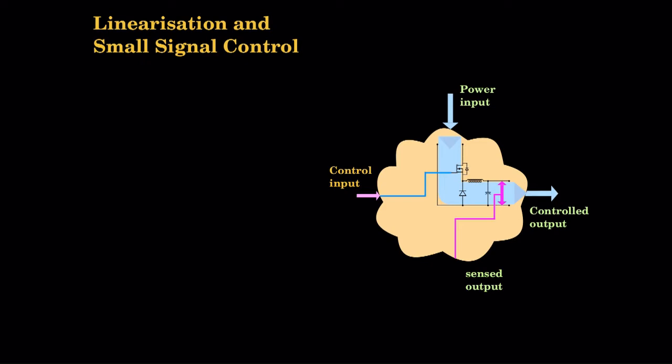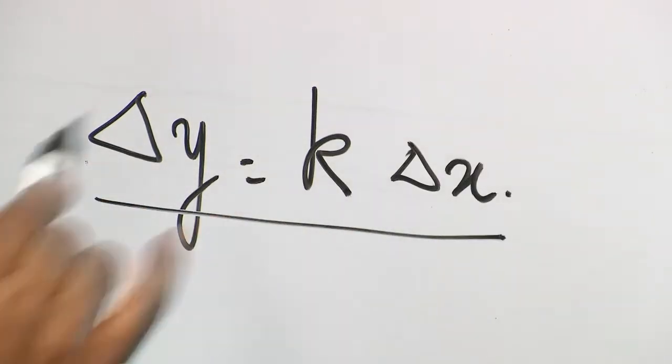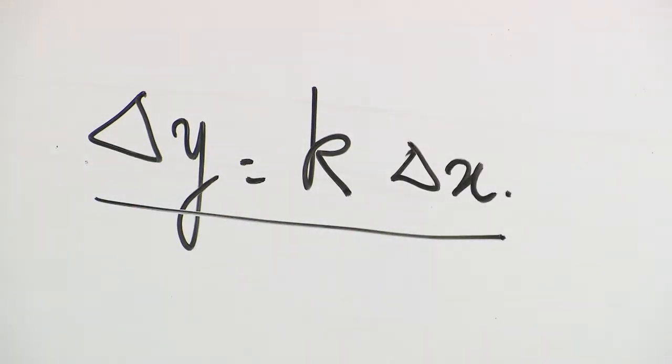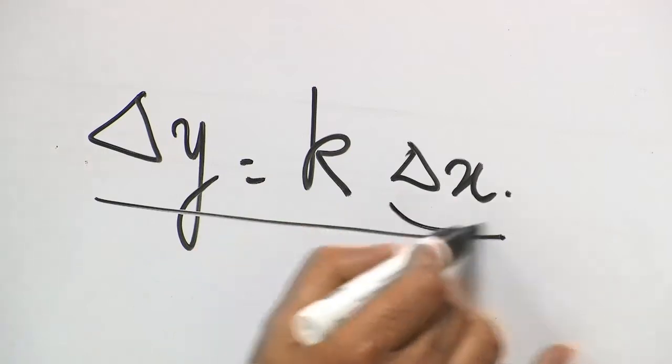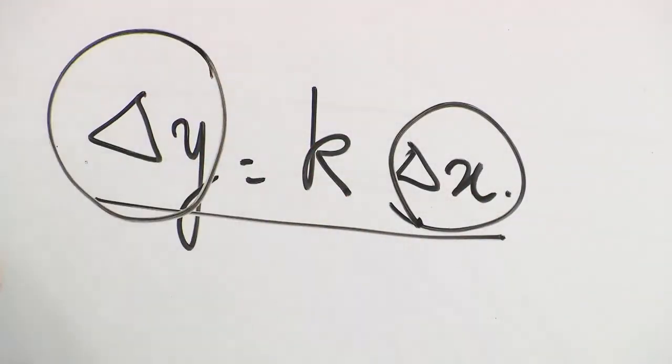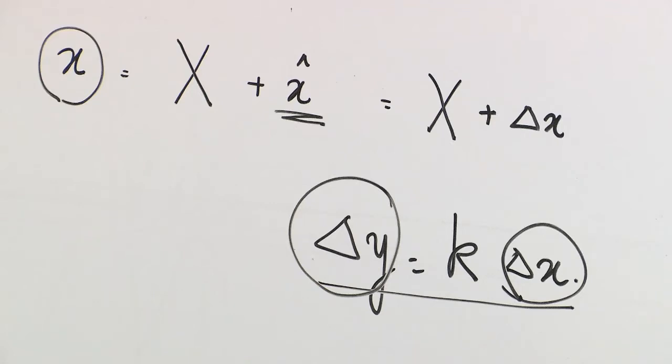Nonlinear form has been brought into this structure, therefore you say linearization. Small signal control, because the controller is only going to control deviations, not the entire signal x. It is only interested in this.